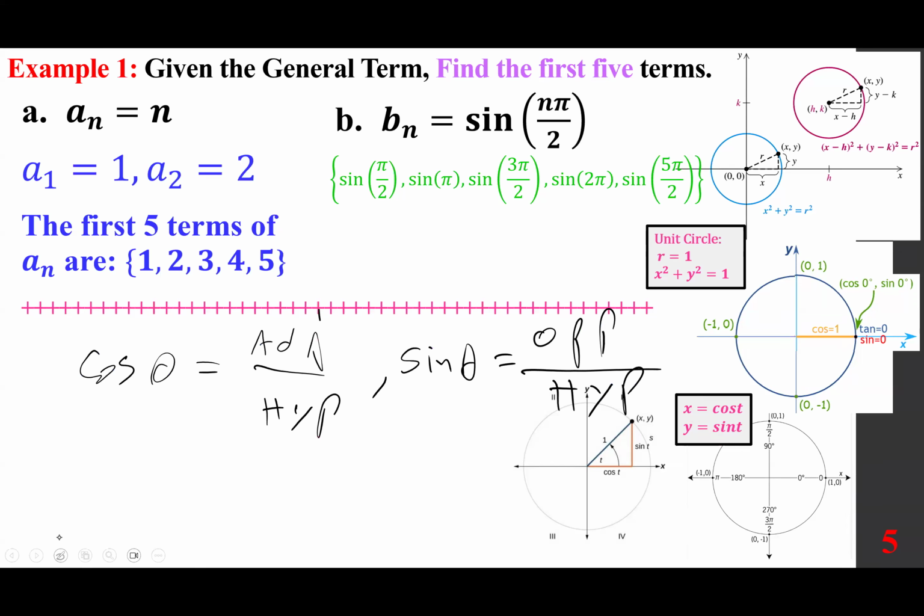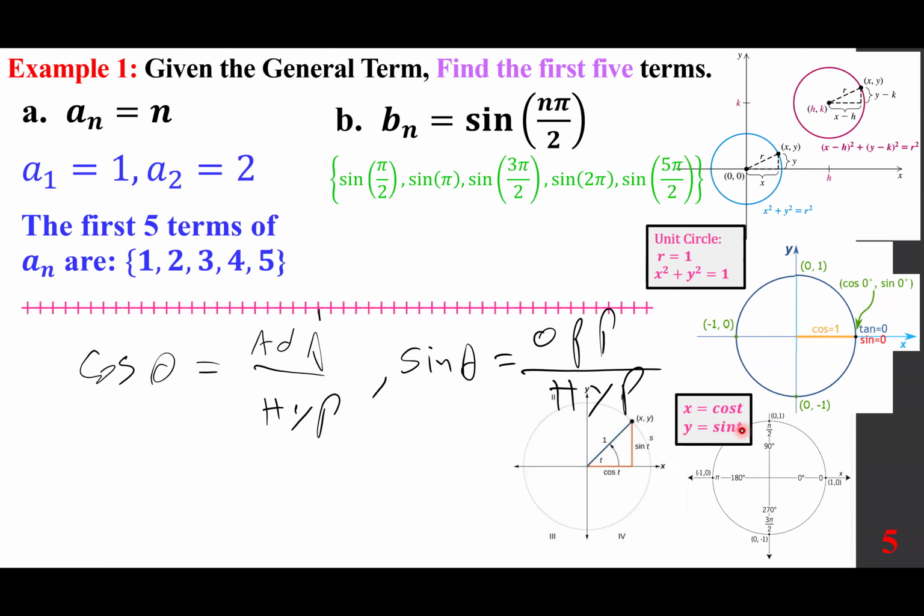And what is the hypotenuse in the case of a unit circle? The hypotenuse has a value of r equals 1. So if the denominator is 1, it's just the numerator. So this becomes cosine, this becomes sine. So every point with coordinates x comma y on the unit circle has the equation x equals cosine, y equals sine.